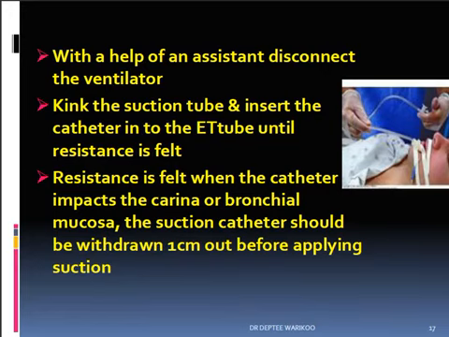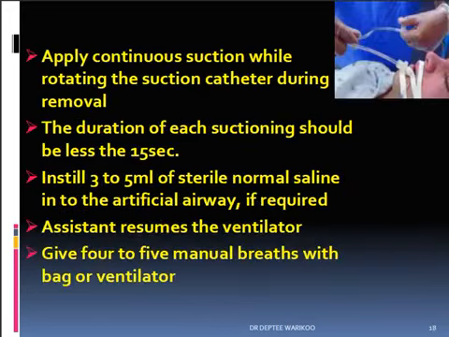Resistance is felt when the catheter impacts the carina or bronchial mucosa. The suction catheter should be withdrawn 1 centimeter out before applying the suction. Remember this properly. Apply continuous suction while rotating the suction catheter during removal. The duration of each suction should be less than 15 seconds.